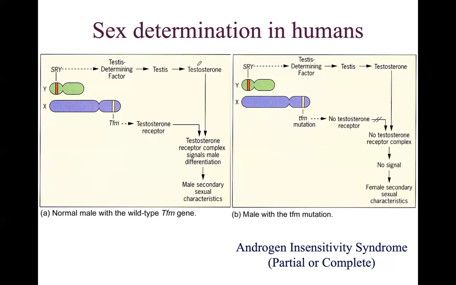In this case, the testosterone is the key. And the question is, do the cells have the doorknob? Well, that gene that creates the testosterone receptor is on the X chromosome. So what is happening here? The gene on the X chromosome is being expressed, and now we have testosterone receptor.